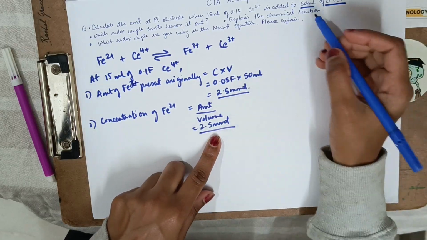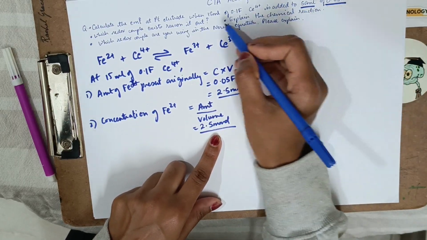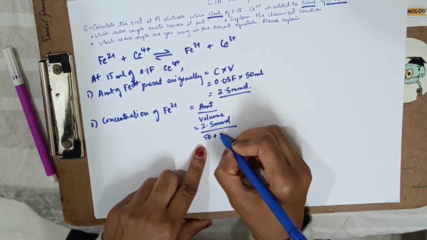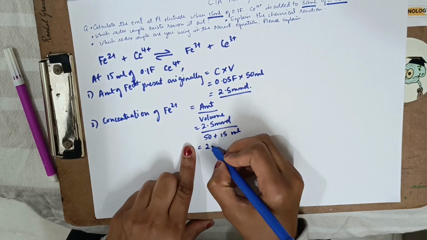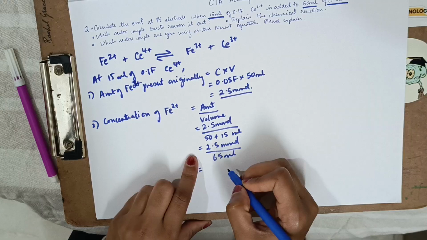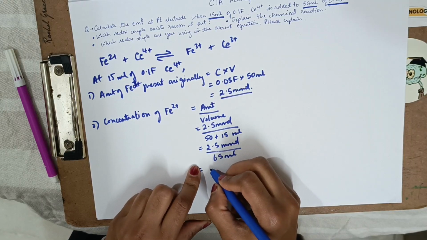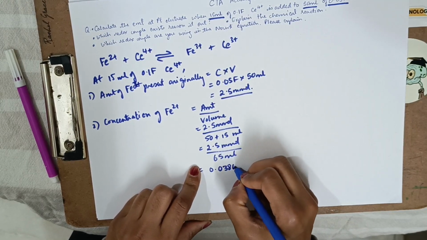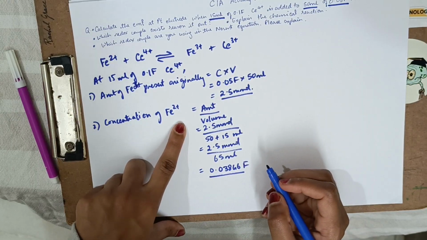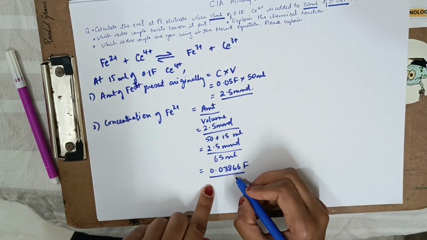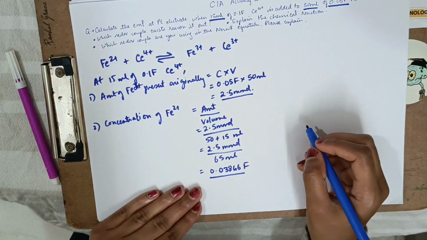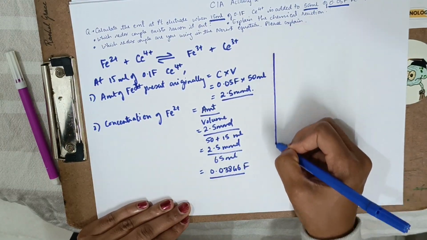The volume here would include the 50 ml of Fe2+ along with the 15 ml of cerium4+, which is 50 plus 15 ml, so 2.5 millimole divided by 65 ml, which is equal to 0.03846 formula. So the concentration of Fe2+ when there is 15 ml of cerium4+ is 0.03846 formula.